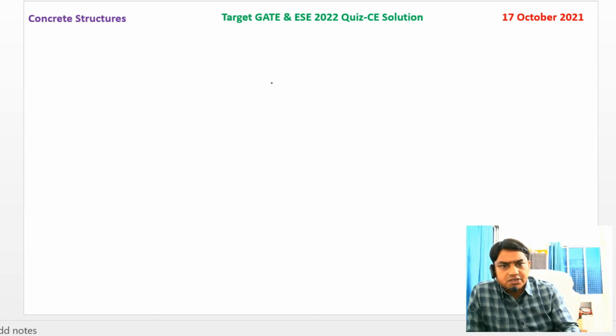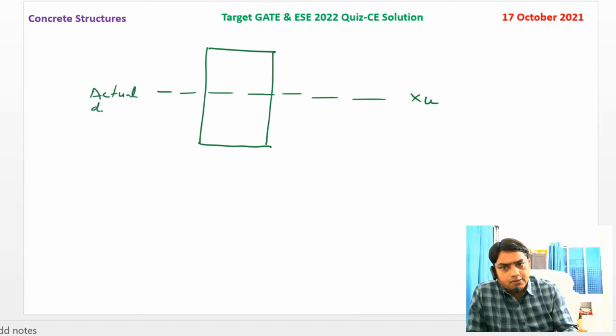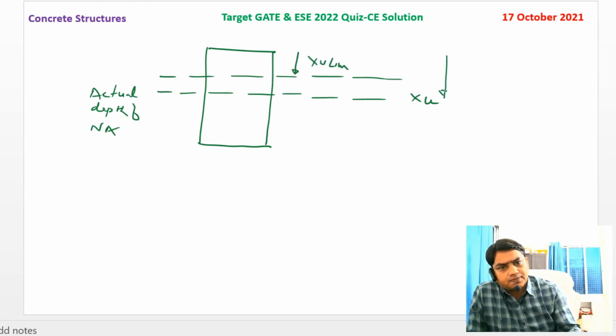Let us assume this is our beam, and this is the actual depth of neutral axis XU, and this is XU limiting.